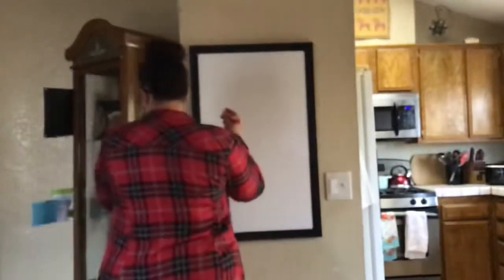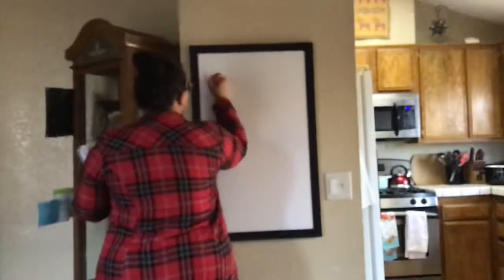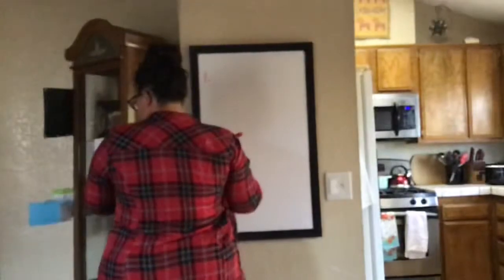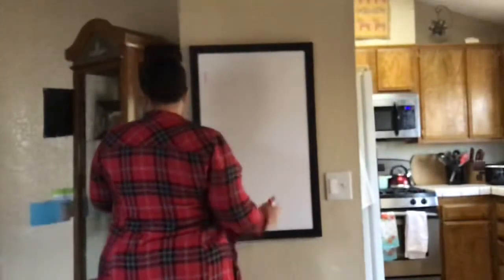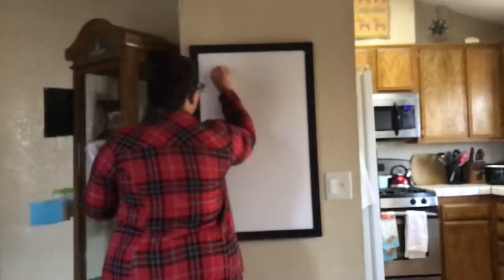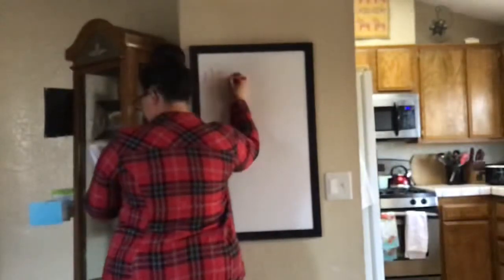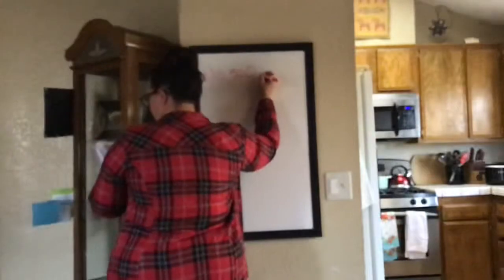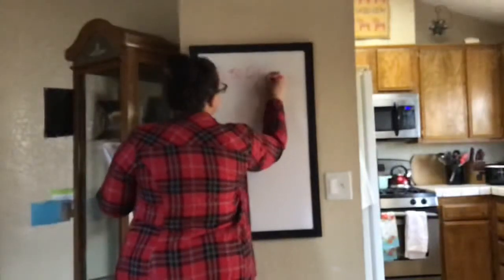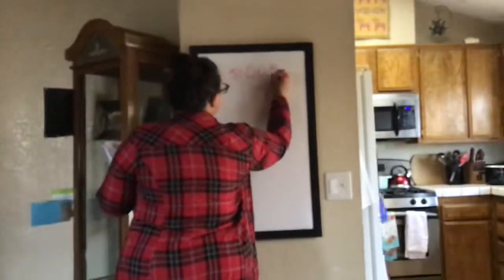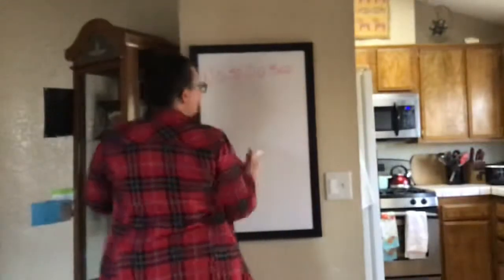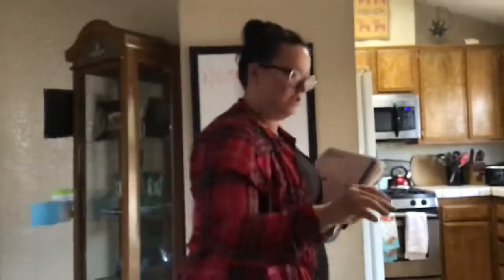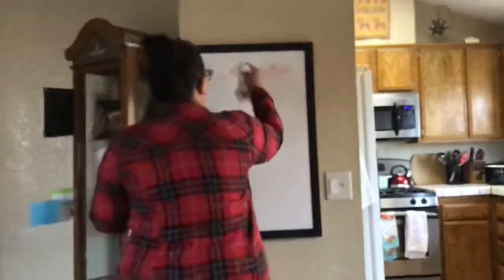All right, number 1. We are going to write equal or not equal to compare. So if you have 0.50, is that equal or not equal to 0.500? It's so confusing when they put the circles, zeros.